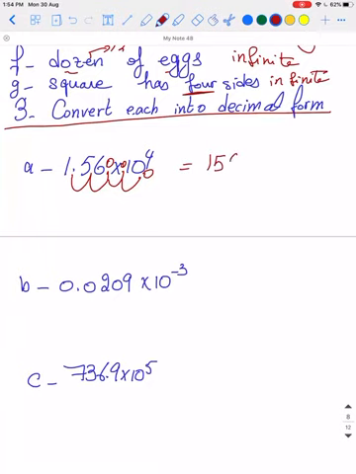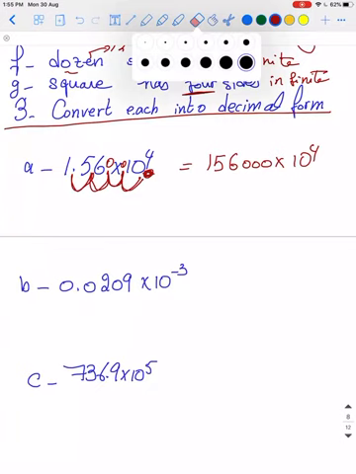So the answer is 156,000. Let us recount. 1, 2, 3, and 4. This is the point, this is where it ends. We don't put 0 where it ends.